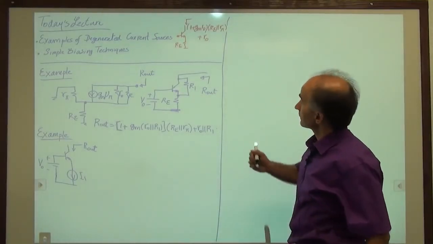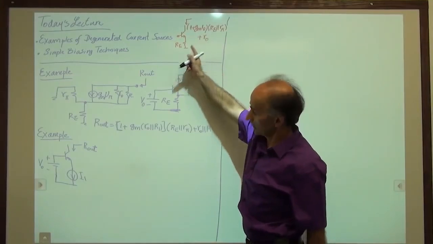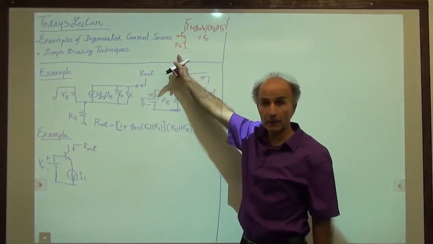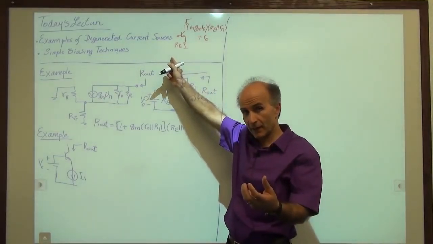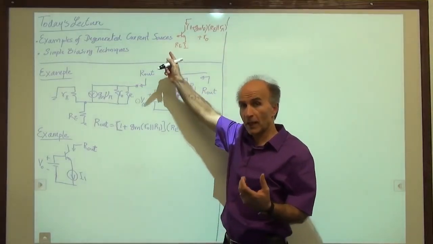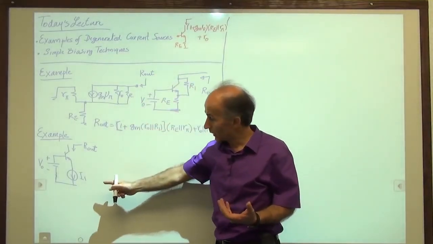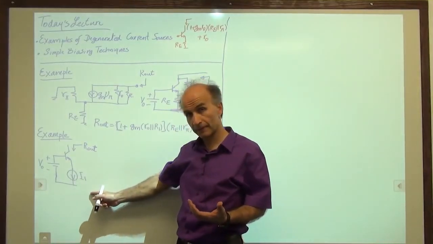Well, you go back to this equation and say, can we use this equation here? The only thing that has changed is RE. RE represented a finite resistance tied between the emitter and AC ground. And now we have replaced that resistor with an ideal current source.